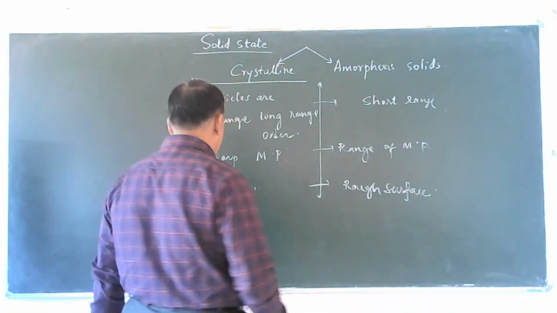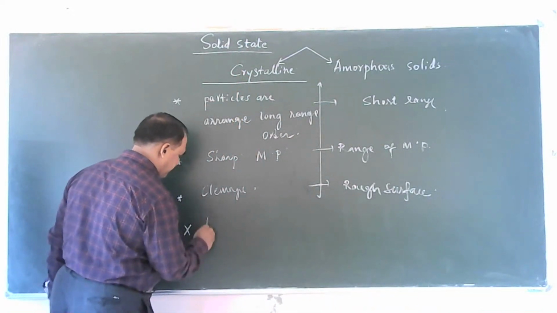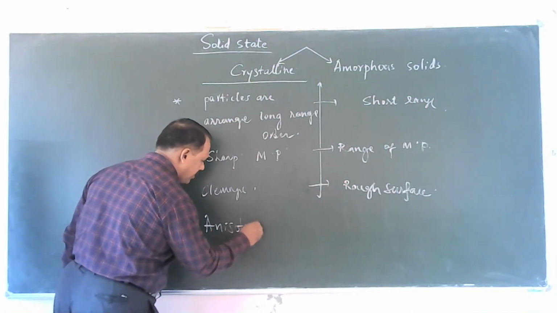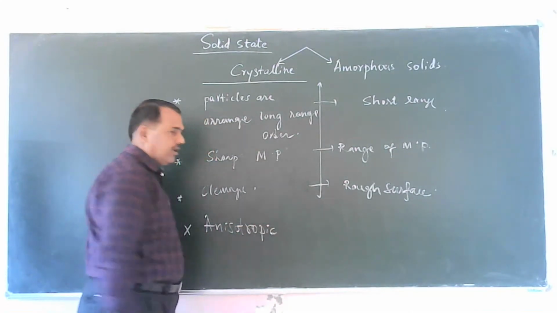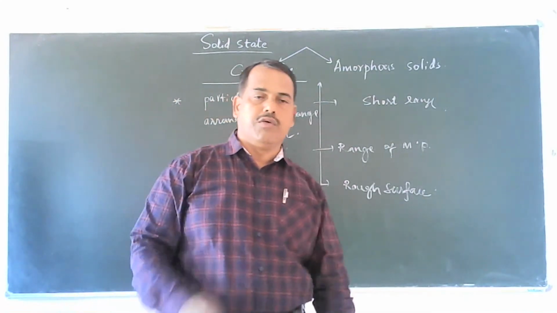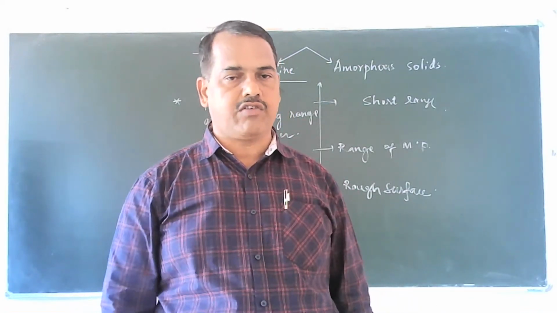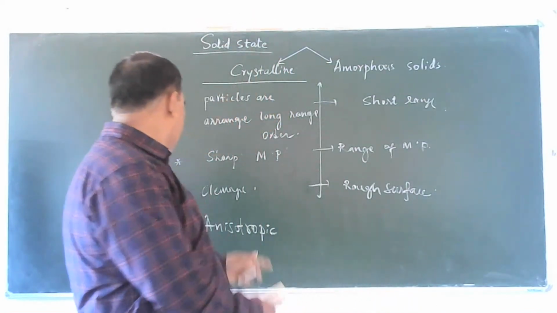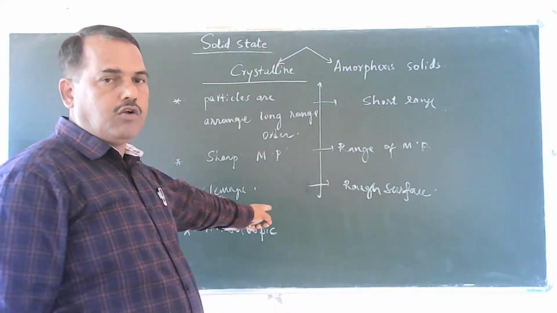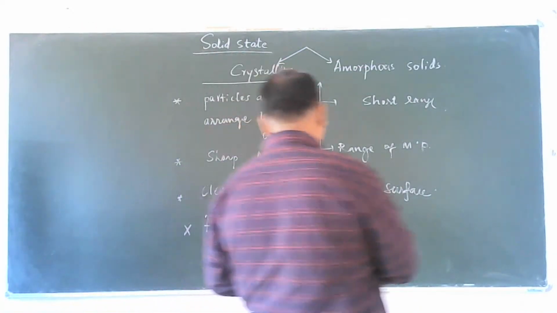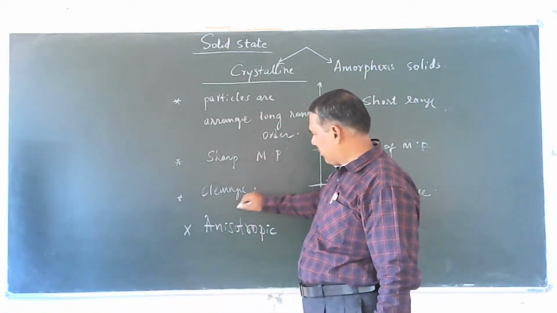Another important property of these crystalline and amorphous solids you have to compare is anisotropy. See, crystalline solids are anisotropic in nature. Crystalline solids have physical characteristics like refractive index that are anisotropic due to their long range order. So we can find the particles.